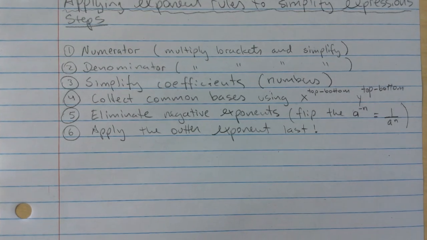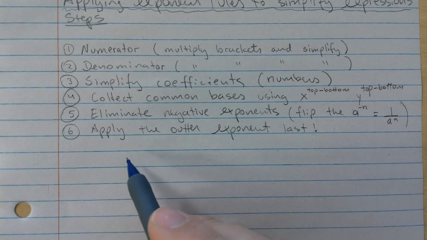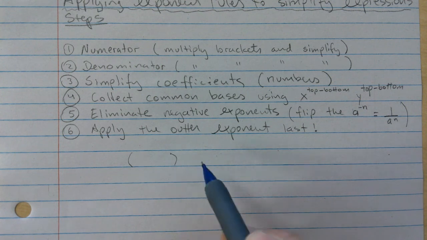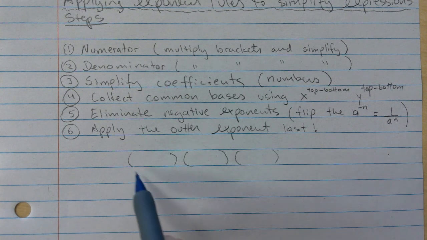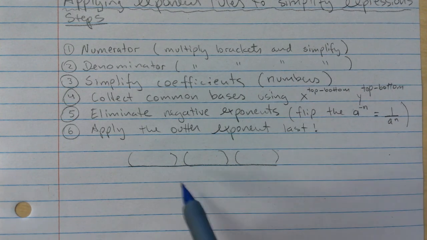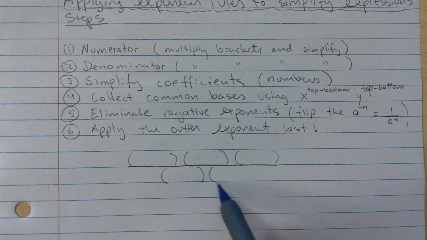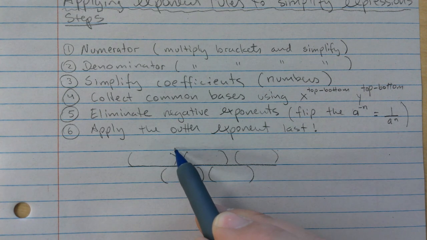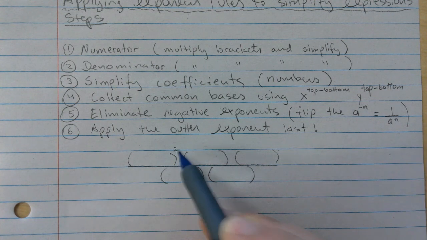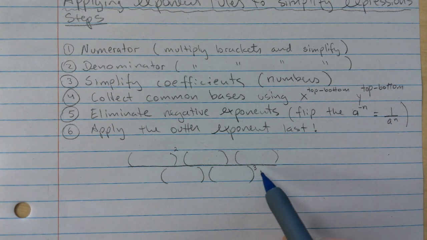So to give you a visual of what you might encounter, this is like a full-blown example, right? Let's say you have things multiplying in the numerator, you have things multiplying in the denominator, right? And it could be even that within these little guys you have like exponents everywhere, right?